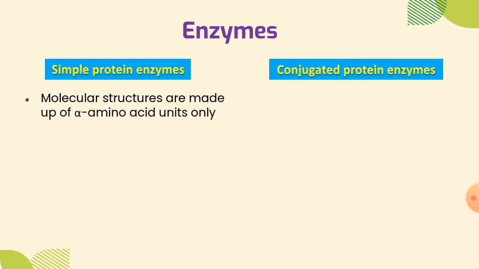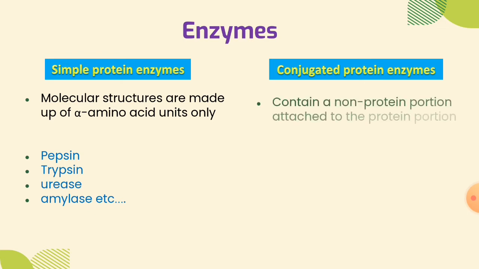Simple protein enzymes are those whose molecular structures are made up of alpha amino acid units only. Pepsin, trypsin, urease, amylase, etc. are some of the examples for simple protein enzymes.